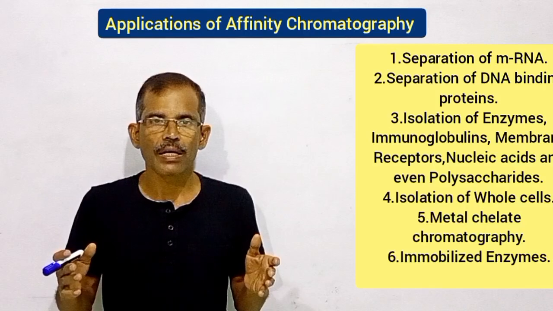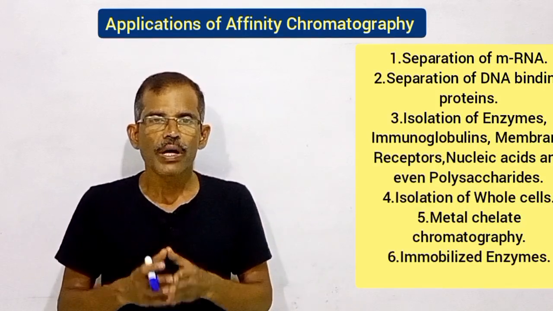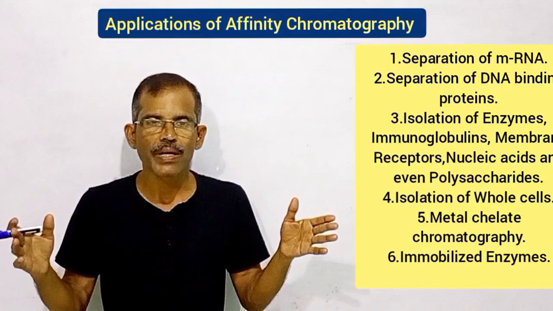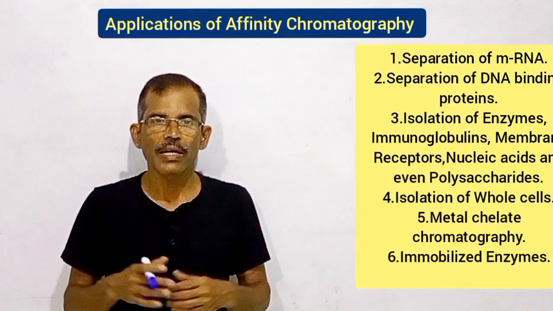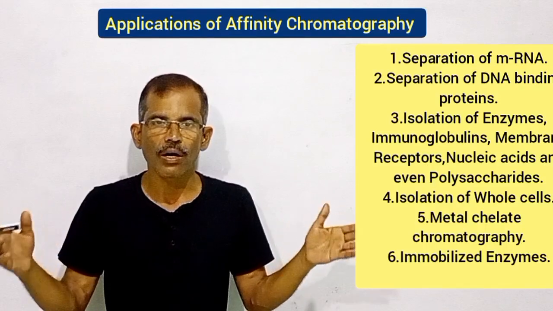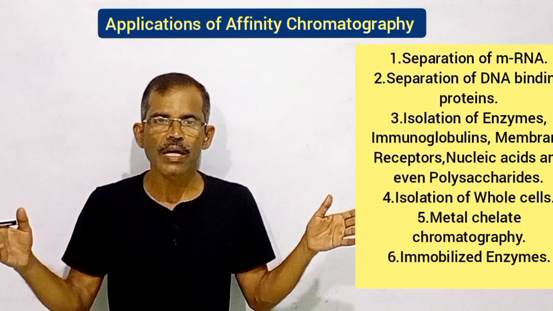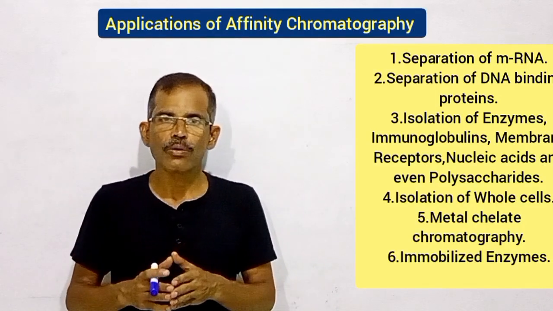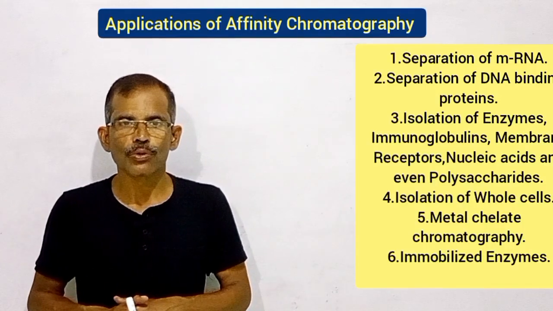Because of this binding, only messenger RNA will be retarded, whereas other types of RNA which do not have the poly-A tail will not be able to bind to the ligand and hence they will pass down and come out of the column. After removal of other types of RNA from the column, mRNA molecules that are bound to the oligo-dT ligands are eluted.